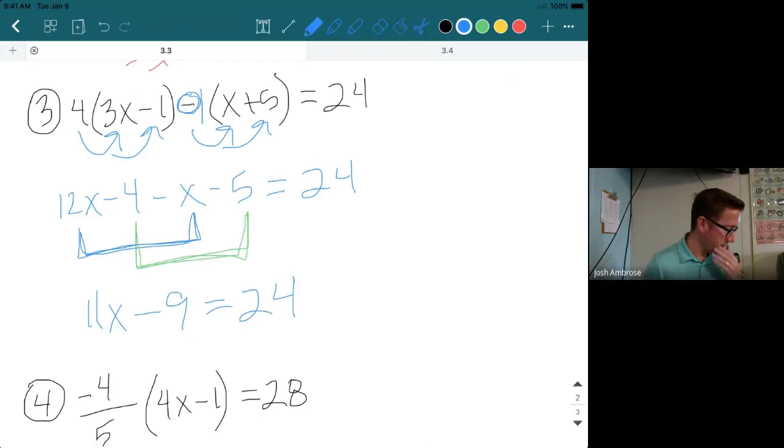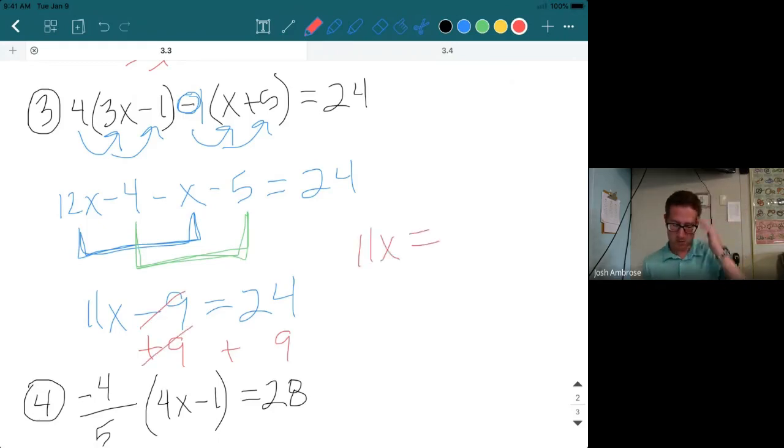Okay, and let's double check. All right, so in this, we are now, again, adding or subtracting. Just like we've done in the past, we now are adding 9 to both sides. That will cross out. That will cross out. 11x goes over. 24 plus 9. Let's see, 33.